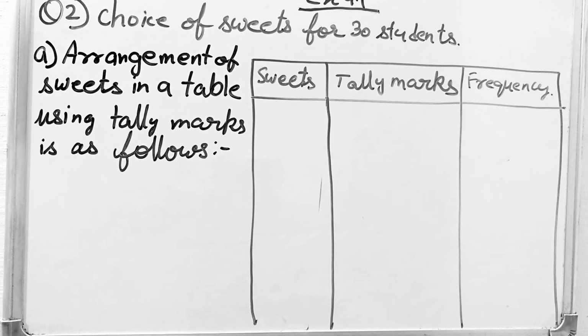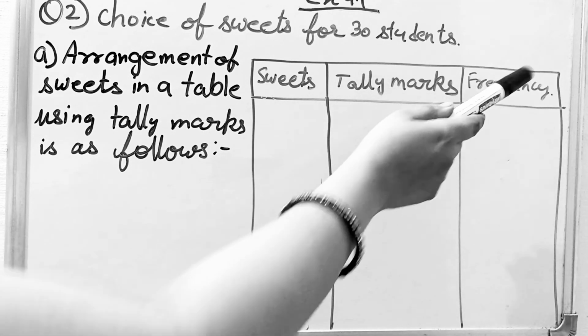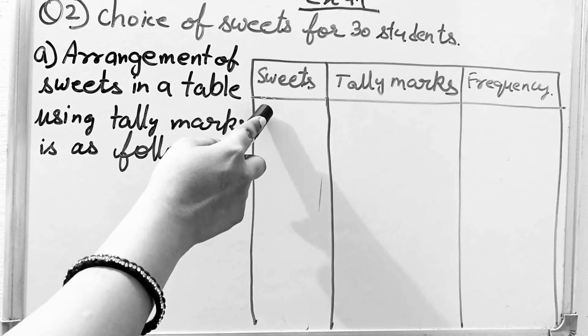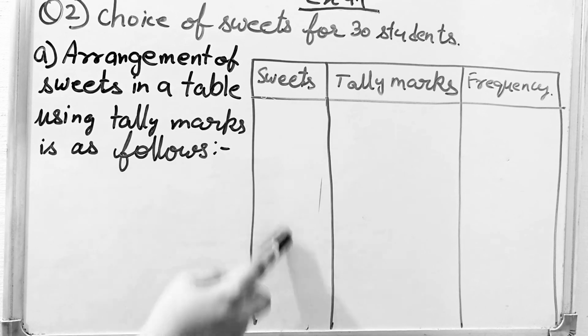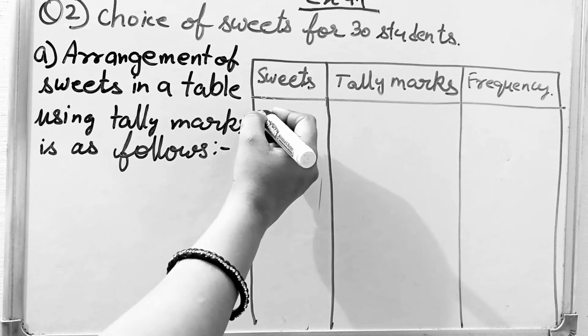Now this is the table where the first column is sweets, the second is tallymarks and the third is frequency. Now what we will do, we will write all the different names of sweets in the column of sweets. As these are names of sweets, we don't have to find the minimum or maximum like we did in our previous question, because we can directly write any sweet.